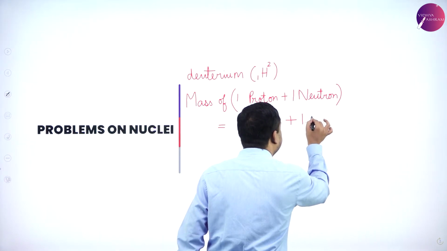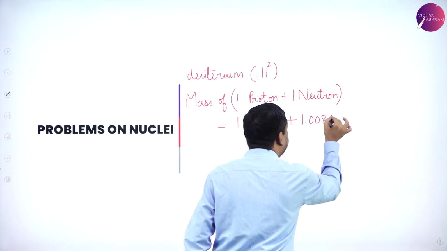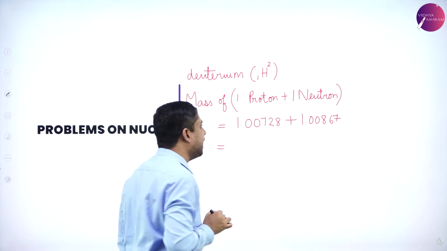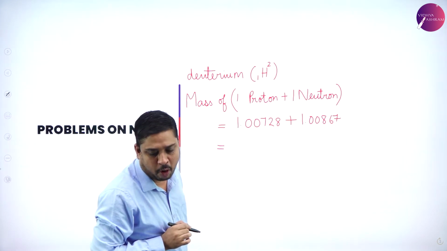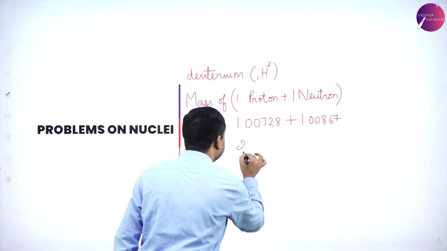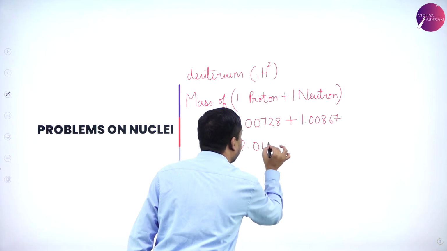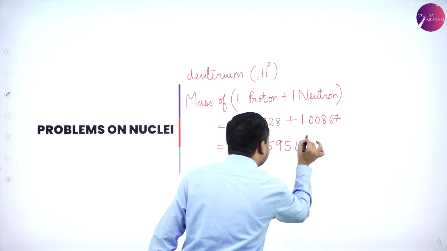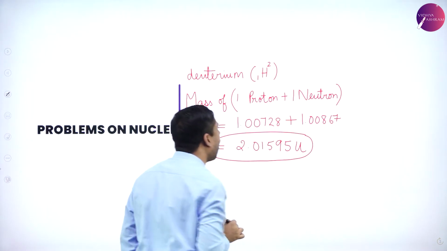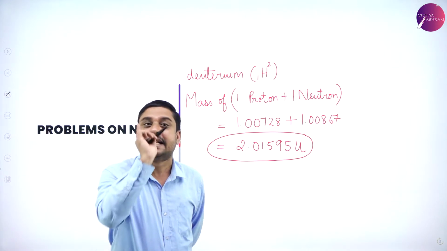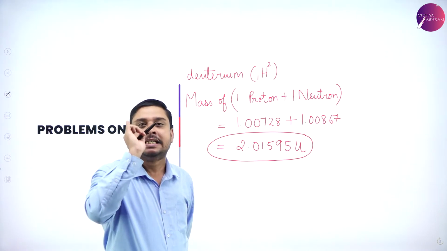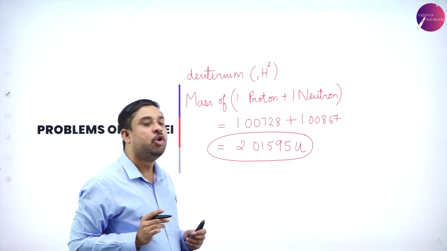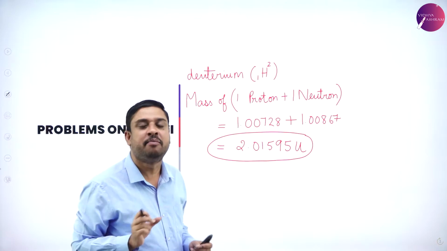So this is equal to 2.01595 units. So this is the sum of the mass of a proton and a neutron in the deuterium nucleus.